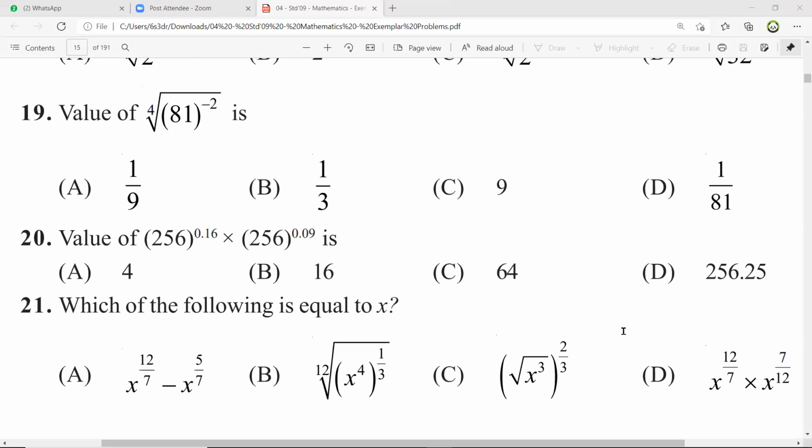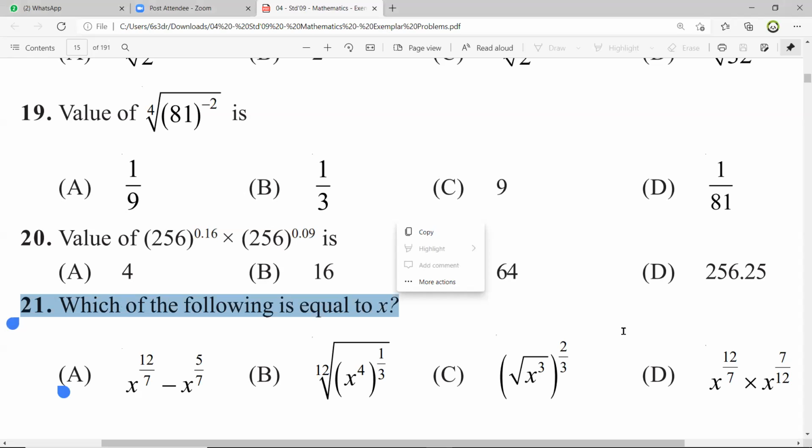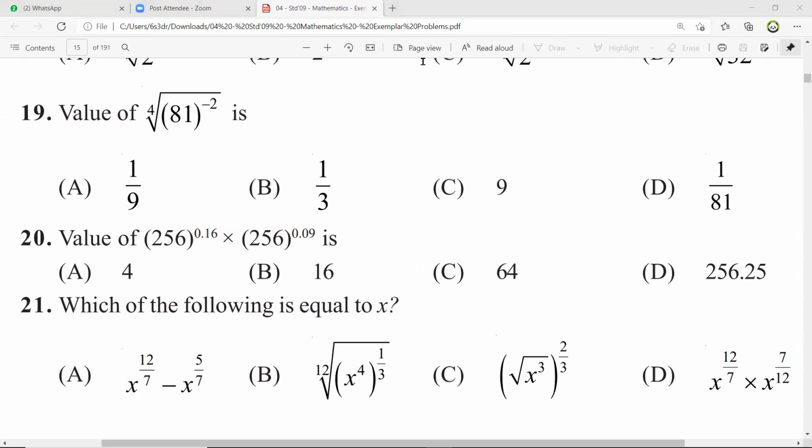It's the 21st question. Yes, Mridula. Did you understand the question?